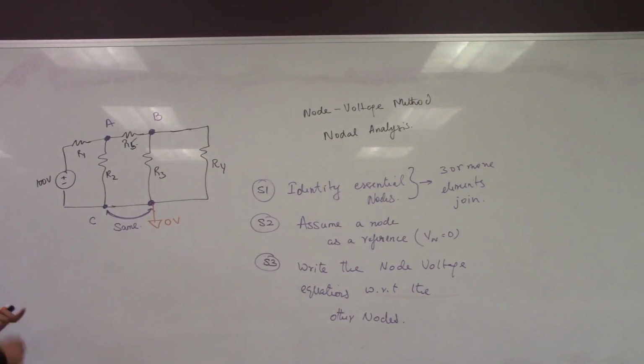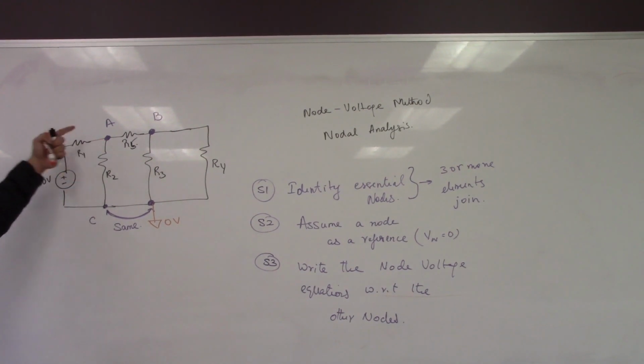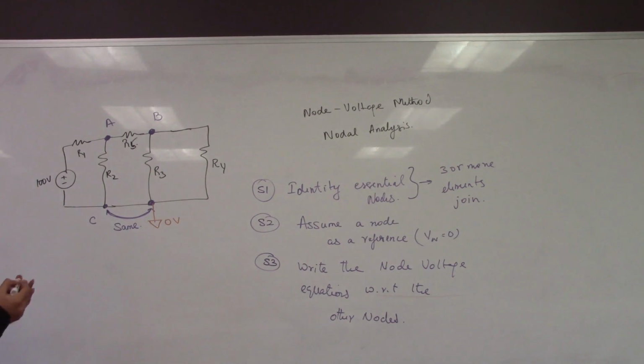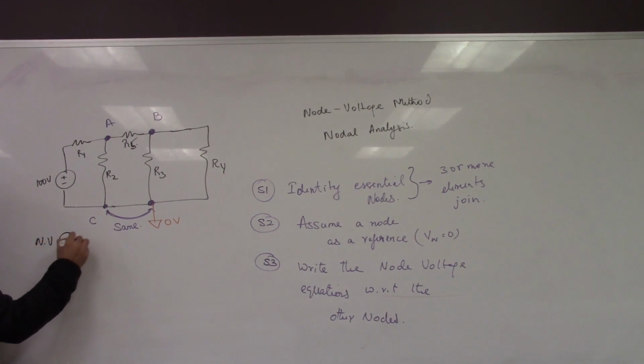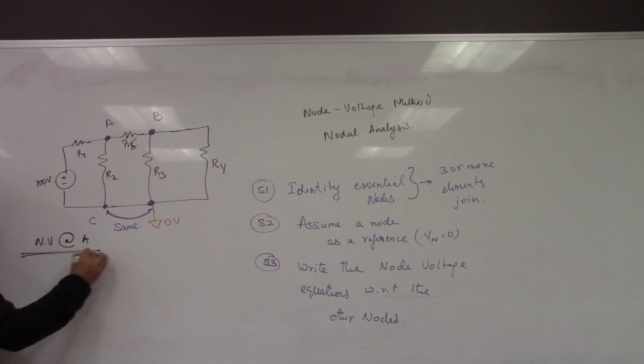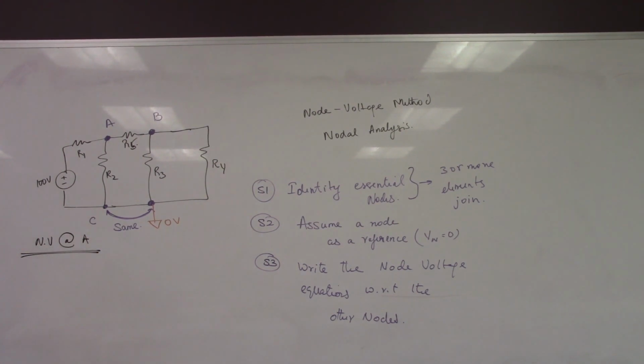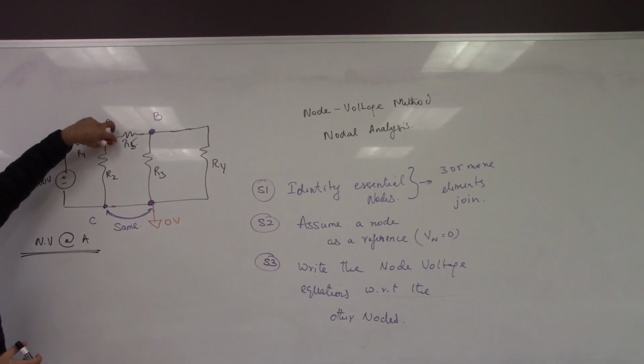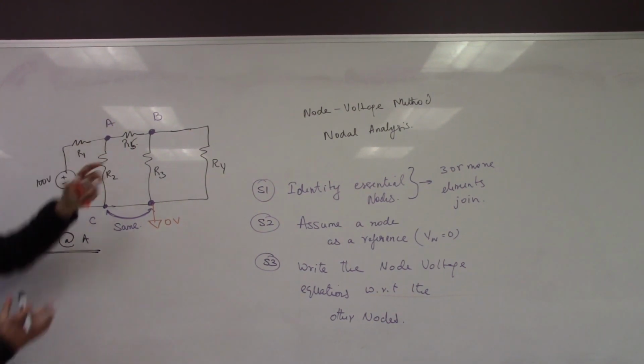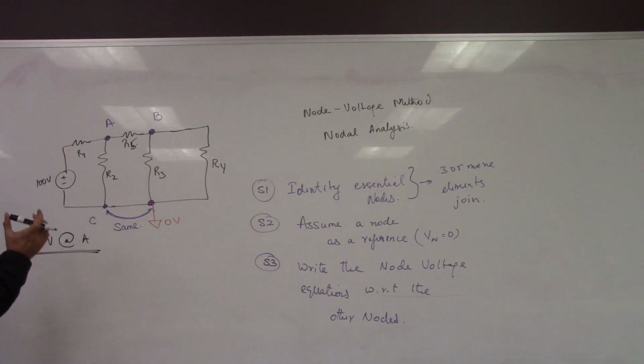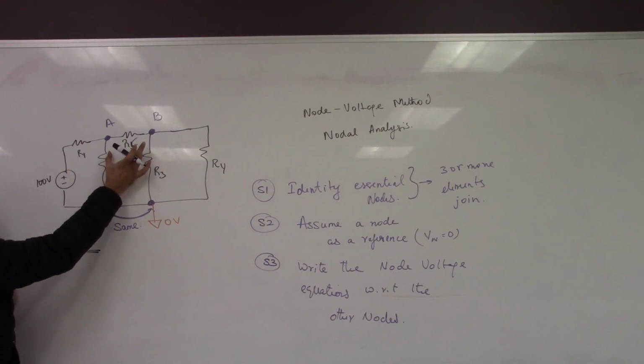Let me write for B, and then we'll work on A. Or let me try A first. Okay, let's do A first. So I'll go here and I'll say node voltage at A. Keep in mind that this is just like KCL. Because there are 3 branches connected here, it'll have 3 terms that will sum up. Let's start from the easiest, which is here.